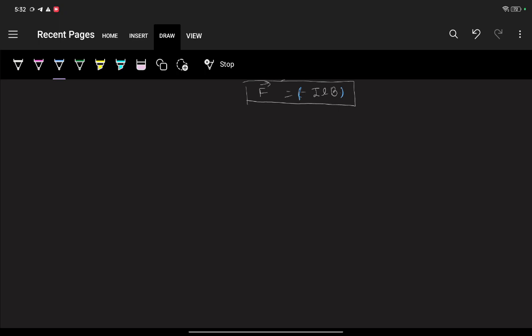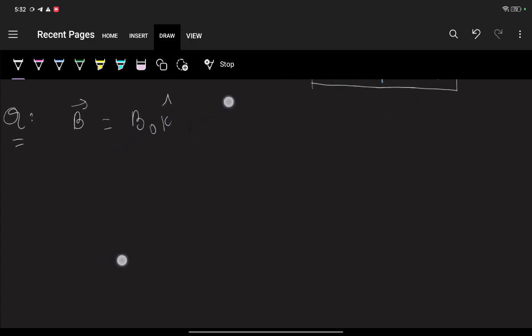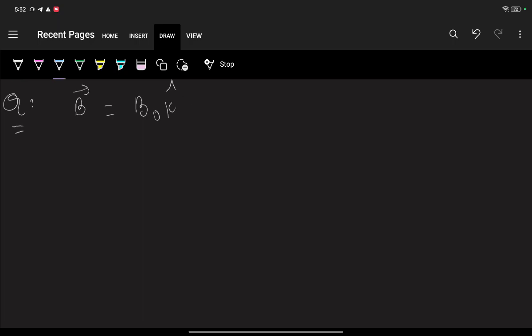Let's take one question and we'll move on. The question says that the magnetic field is in k cap direction. K cap means in z direction. The figure is somewhat like this. This point is A, C, this is B, this is F, D, E. Current is going in this direction.